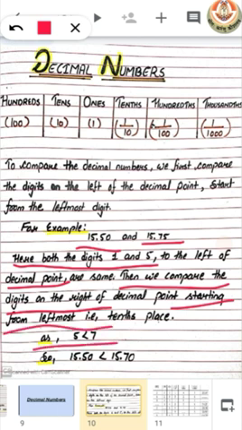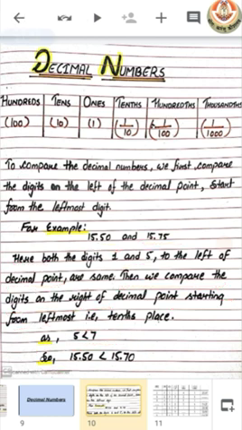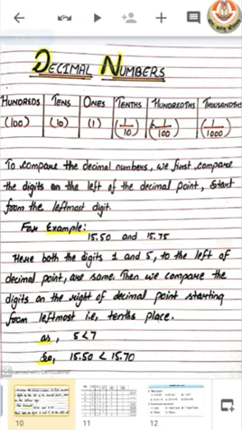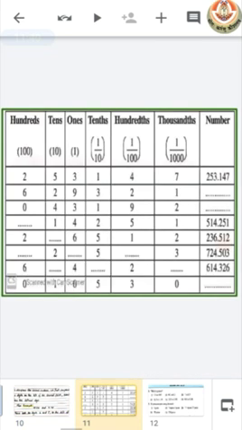We can easily see that 5 is smaller than 7. That means we can say that 15.50 is smaller than 15.75.